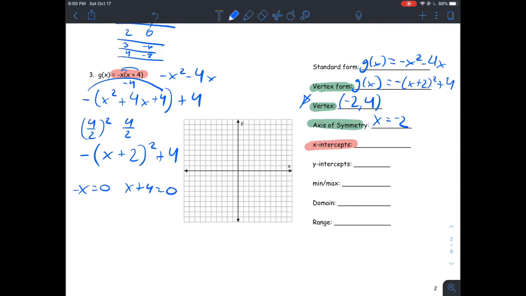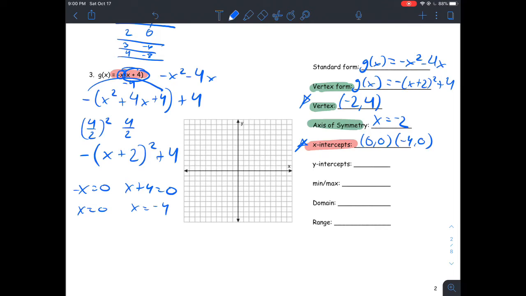How did I do this? Well, these are the two factors, the two things I'm multiplying to give me that polynomial. So I just take those factors and set them equal to 0. So I end up with x equals 0 and x equals negative 4. So my two x-intercepts are going to be what? 0, 0, and negative 4, 0.